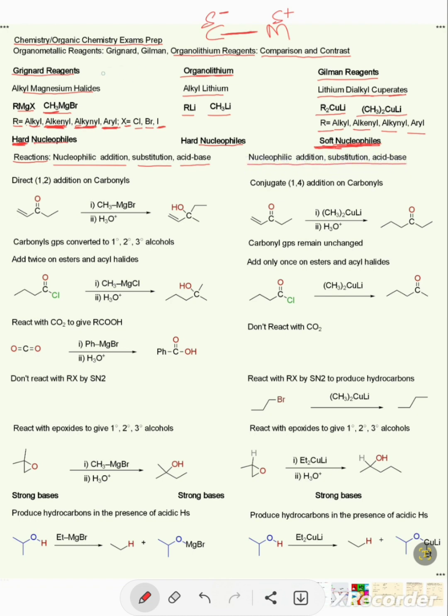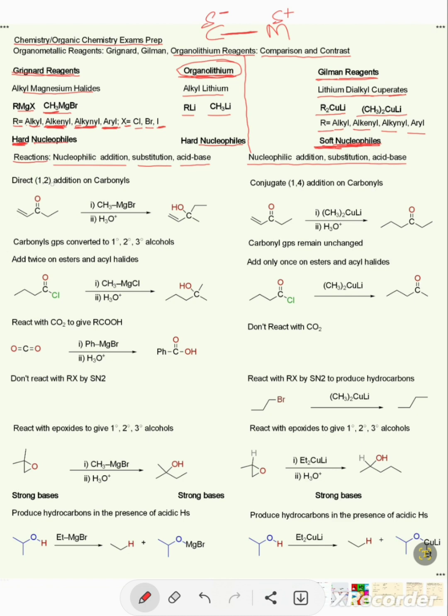Now, Grignard reagents and organolithium reagents are similar, so they would behave pretty much the same way. Gilman reagents are different. They would react differently. There are some reactions that are common to Grignard as well as Gilman reagents, but generally the organolithium reagents would give the same reactions as the Grignard reagents.